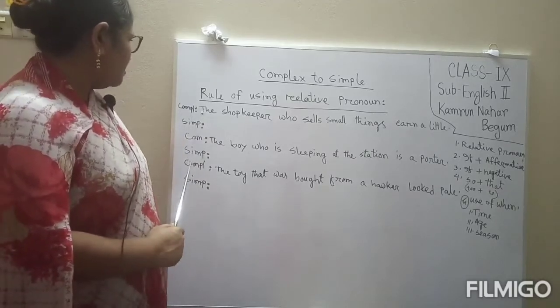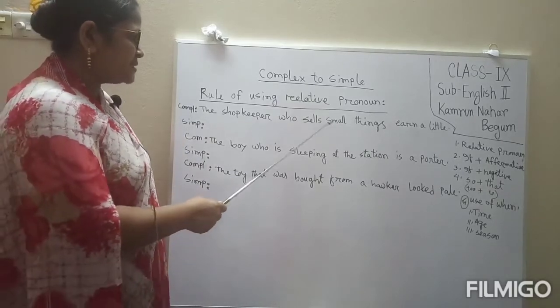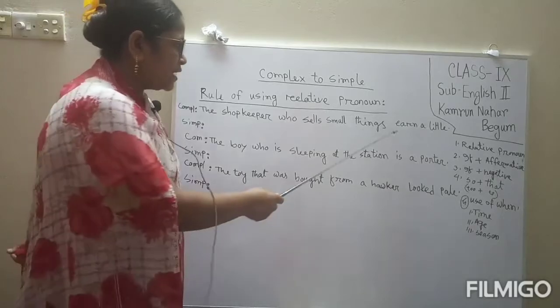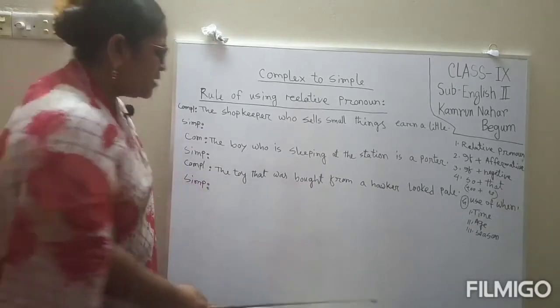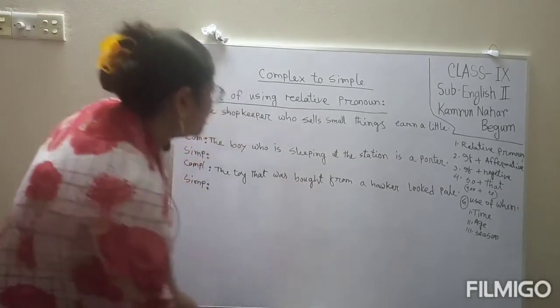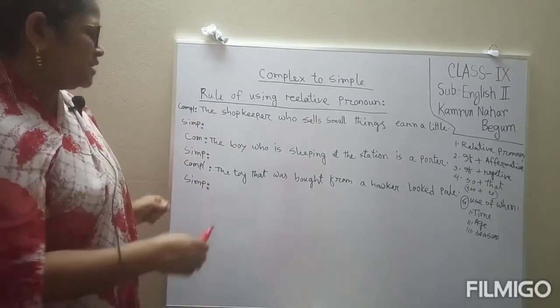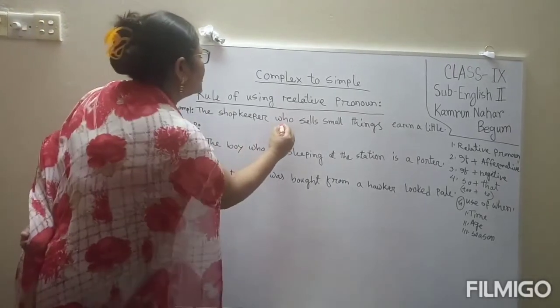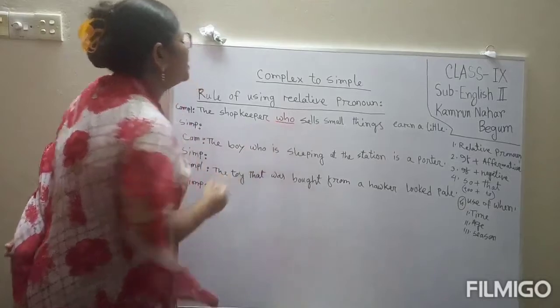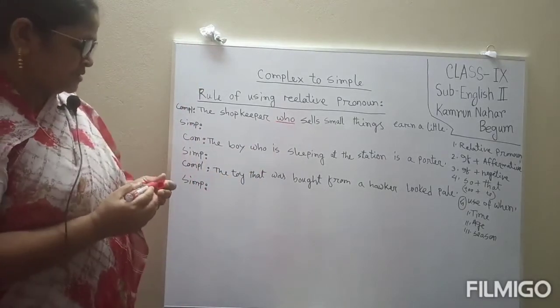Sentence number 1: The shopkeeper who sells small things earns a little. Maybe you can easily imagine which one is the relative pronoun. Yes, you are correct. Who is the relative pronoun in this sentence.